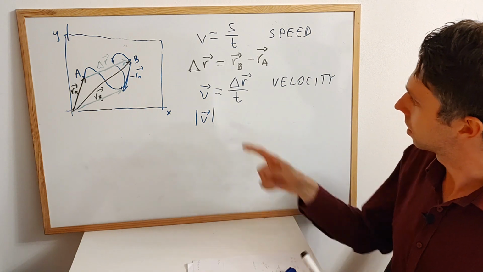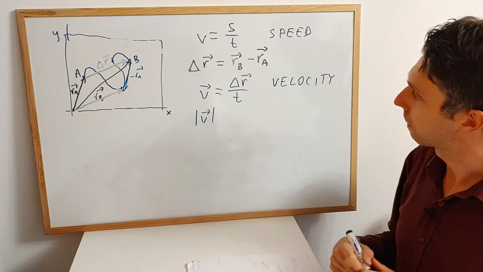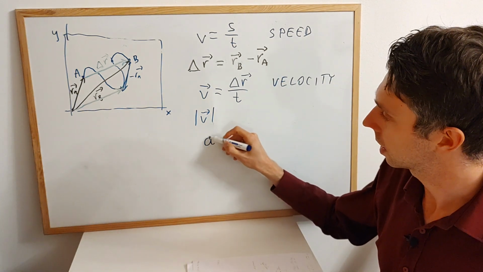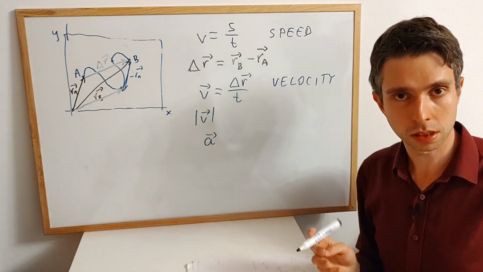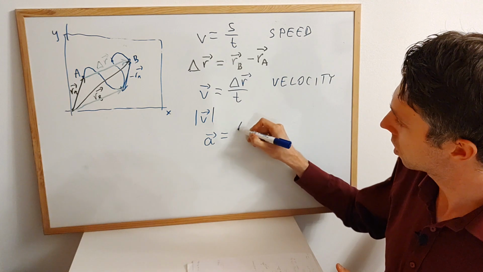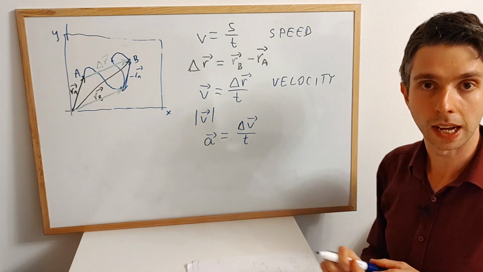So the velocity is defined as the change of the position vector in time, and similarly the acceleration is also a vector which is defined as change in velocity vector in time.